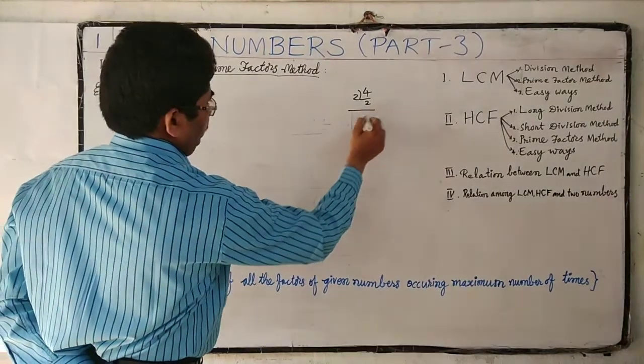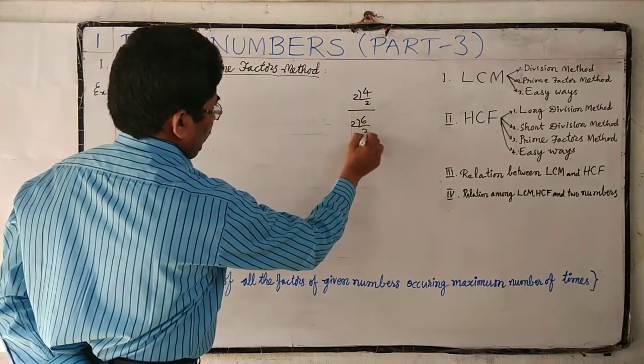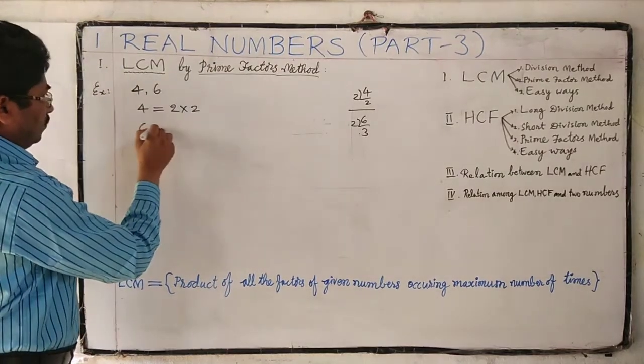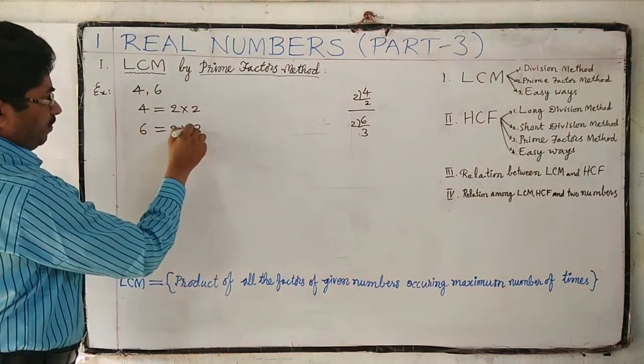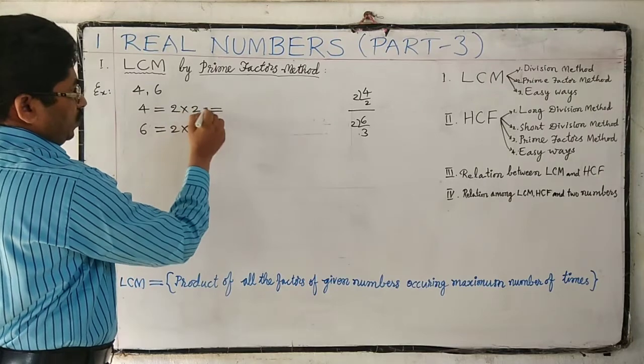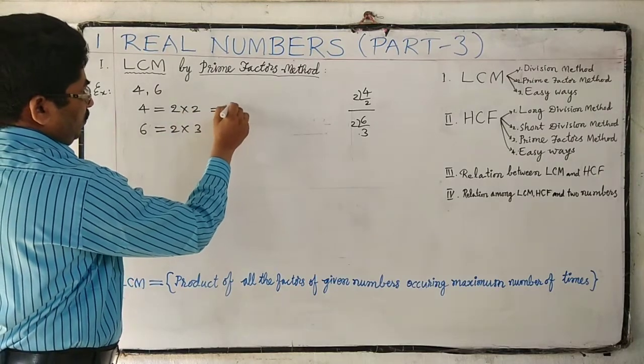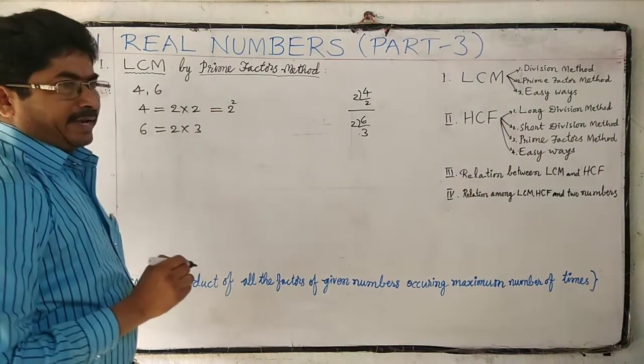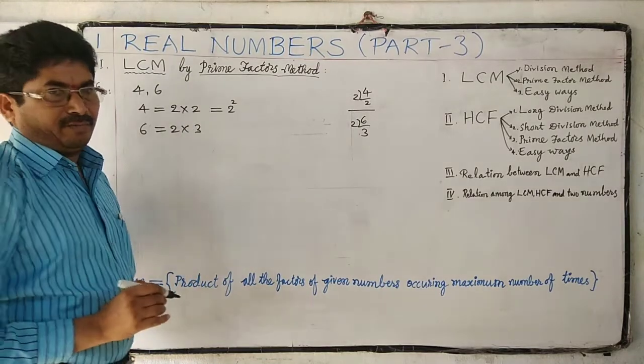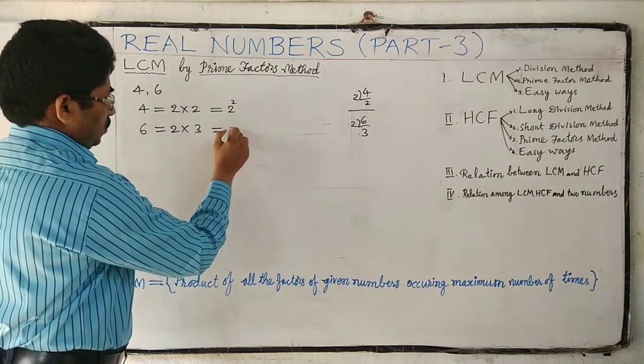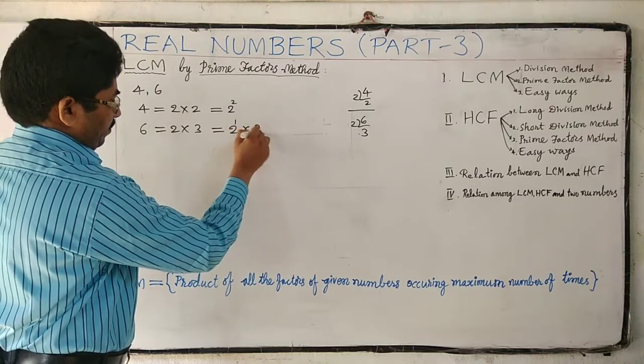Next 6 is 2 3s. Here 2 into 2 is 2 square. We have to write exponential form. 6 is 2 to the power of 1 into 3.